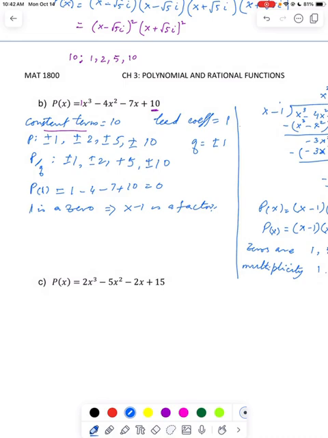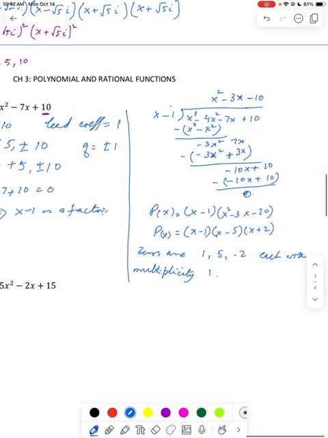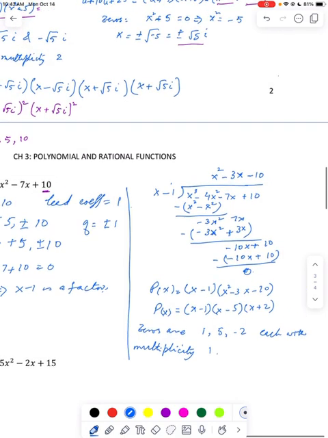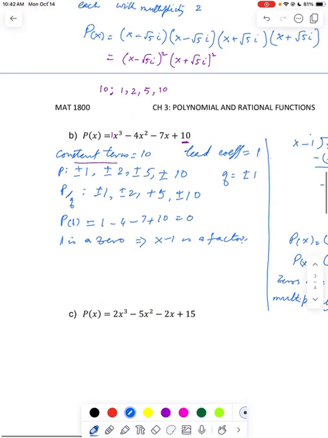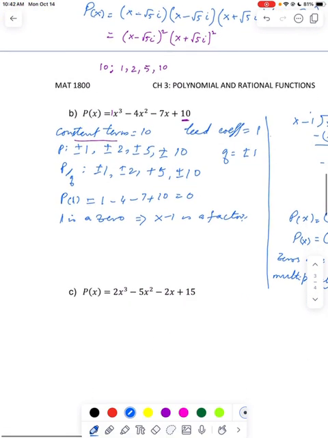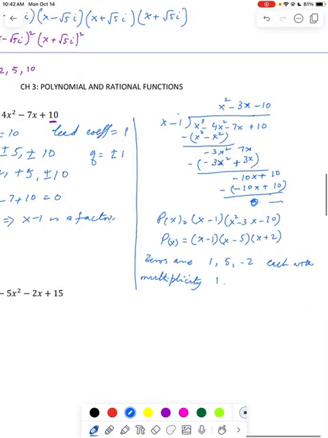So now we will divide the polynomial by x minus 1. Here is my division, and here is my remainder. If you found that P of 1 is 0, then when you divide by x minus 1, the remainder must be 0.